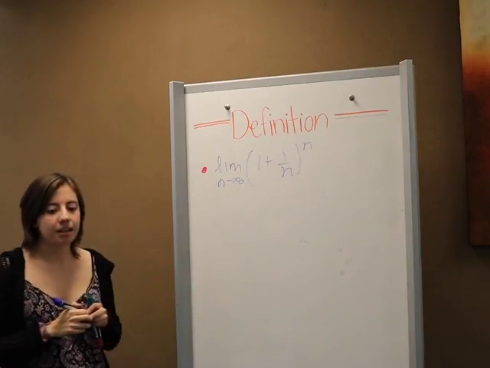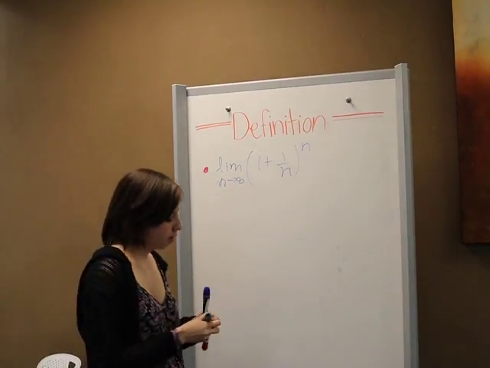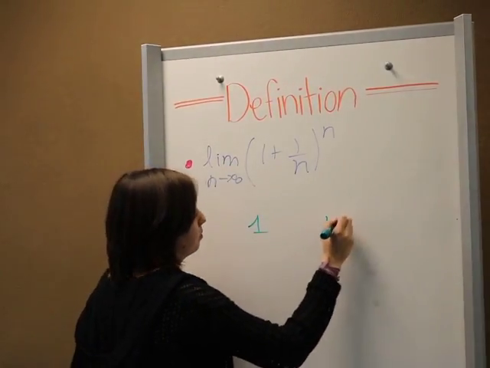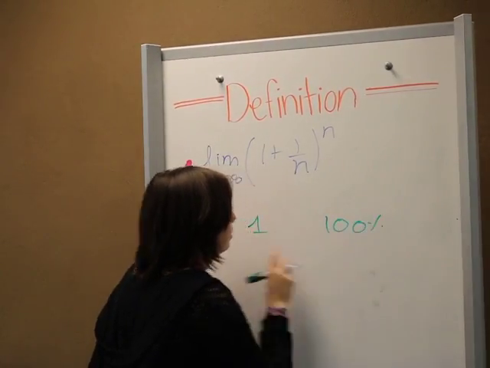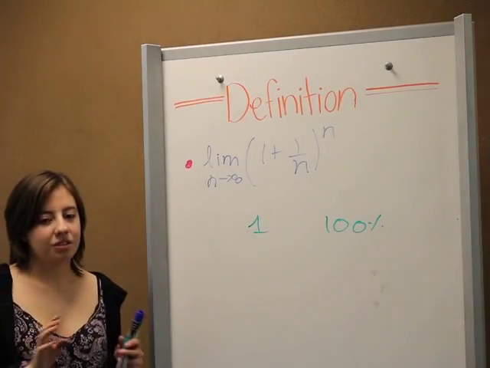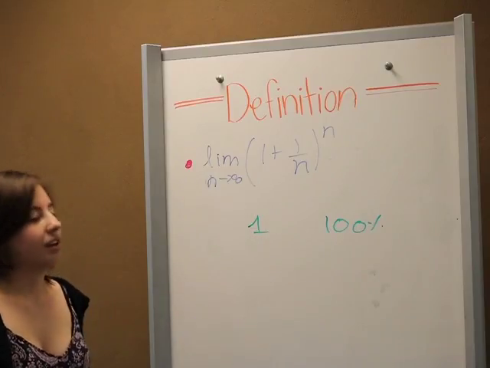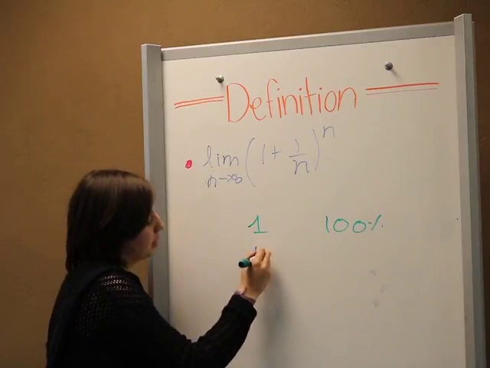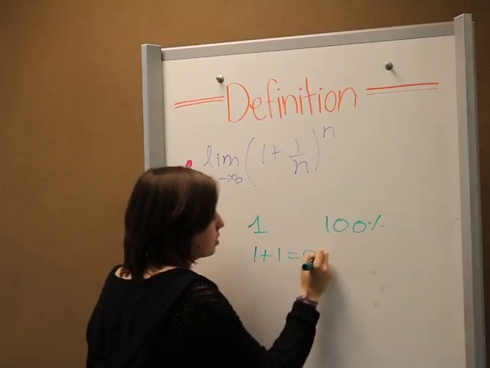What does it mean? Let's make an example. You tell the bank, okay, I'll invest $1, and the bank tells you, I'll give you 100% interest annually on the dollar you give me. I know there's no bank that will give you this kind of interest, but let's suppose. 1 plus 1, in a year you'll receive $2.